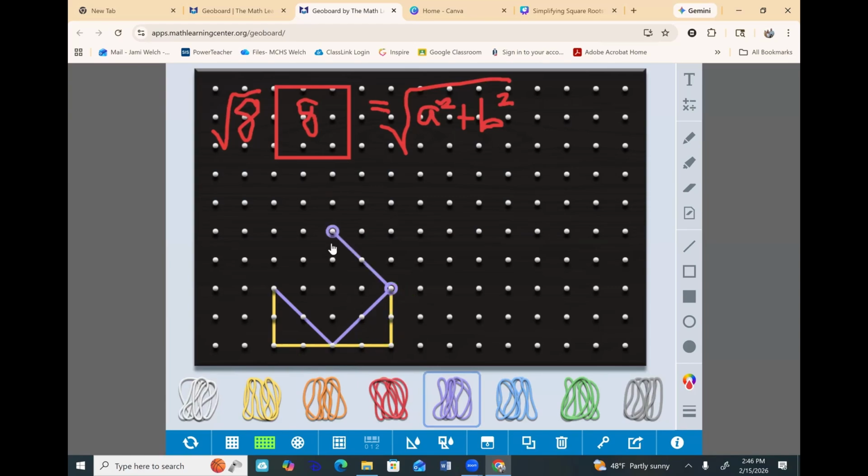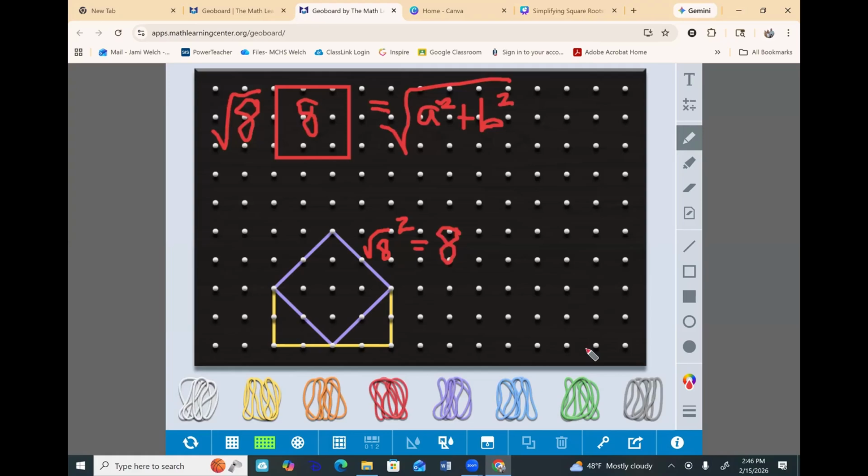And so now, this is where you're getting students to think. If this side is the square root of 8 times another side that's the square root of 8, that gives me an area of 8 blocks, which is what I'm looking for, right? I'm wanting to model that. Okay, so I have 8 blocks in here within this purple square.